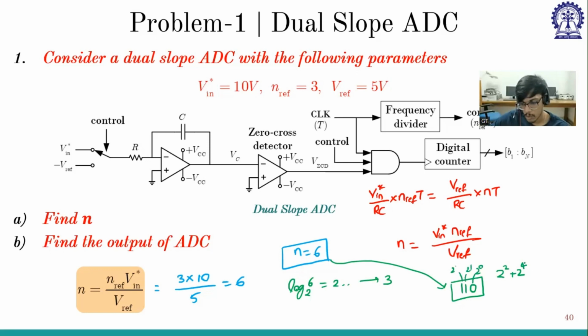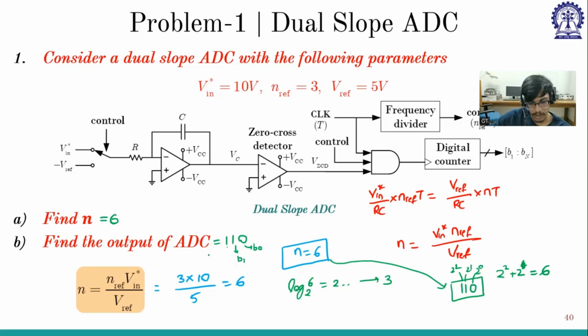So 2 to the power 2 plus 2 to the power 1 is 6. So N is 6, it needs 6 cycles, and its equivalent digital number in binary is 110. So the N value is 6, and the output of the ADC will be 110. So, 3-bit.